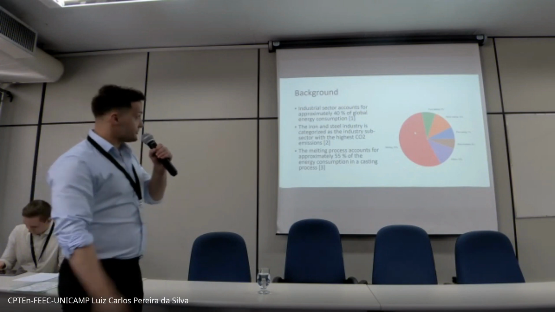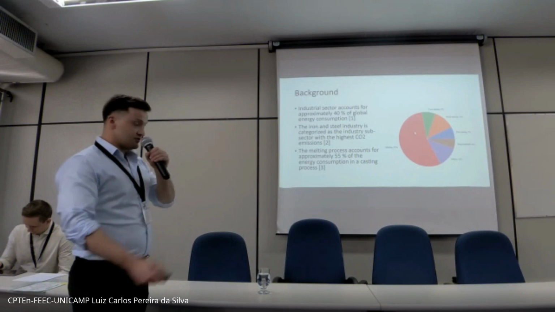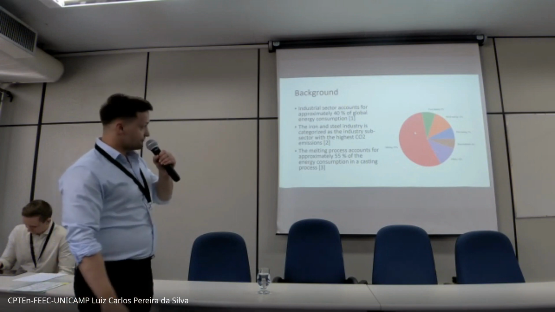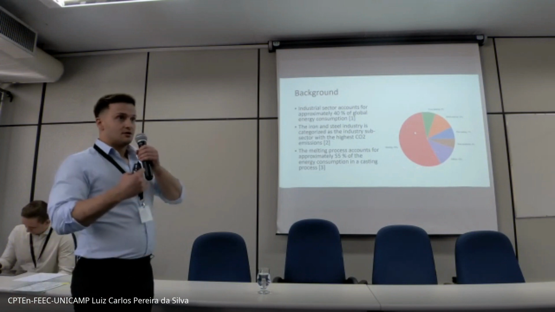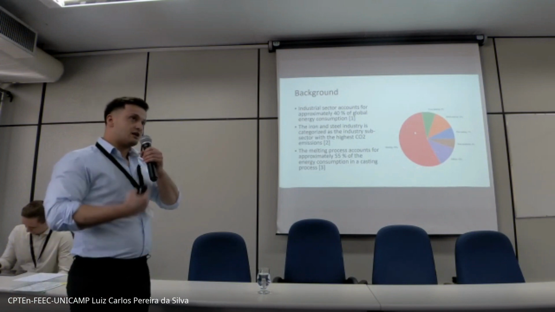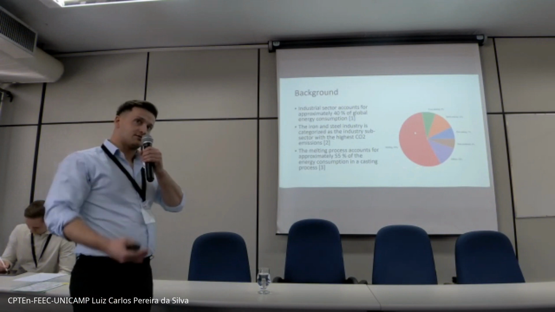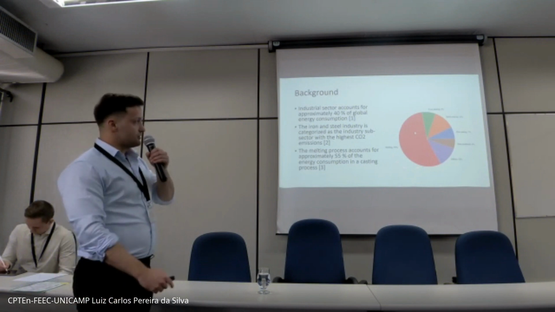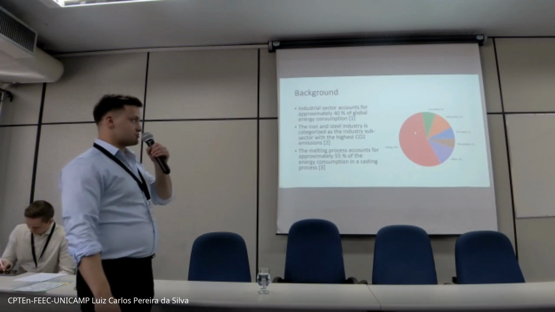The interesting thing about the iron and steel industry from an energy efficiency and flexibility point of view is that during the melting process, you can't really do flexibility in the process, because when you start melting the alloy, you are not really interested in lowering or changing the temperature profile.